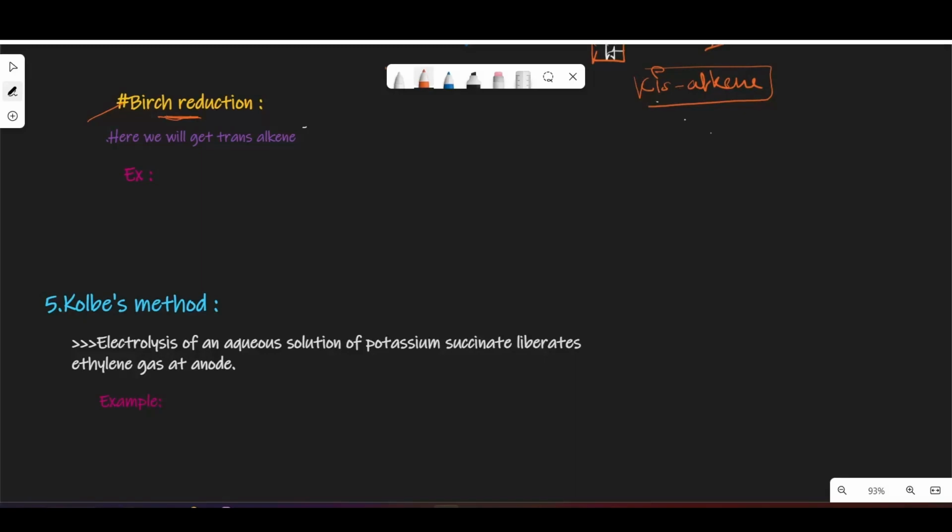But you can remember it as a Birch-type reduction. In this we will get a trans alkene. This is the difference between Lindlar's catalyst and this one. You can remember this as Birch reduction itself, but it's not actually a Birch reduction.